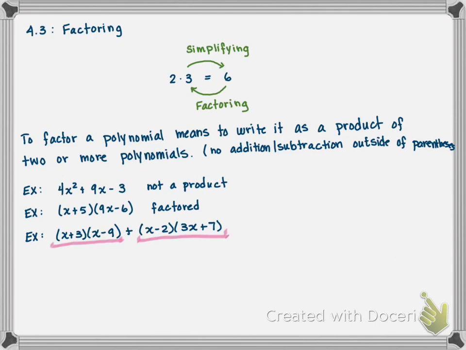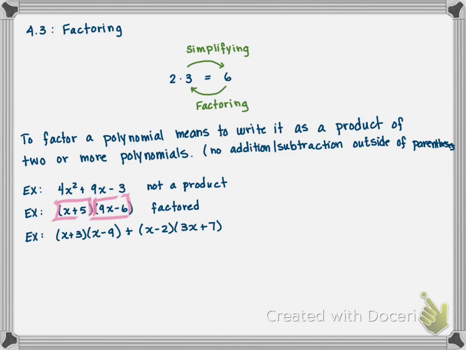So terms are things that are added and subtracted, versus factors, which are things that are multiplied. We would say that these 2 entire objects are terms, whereas in the previous example, these 2 objects are factors.